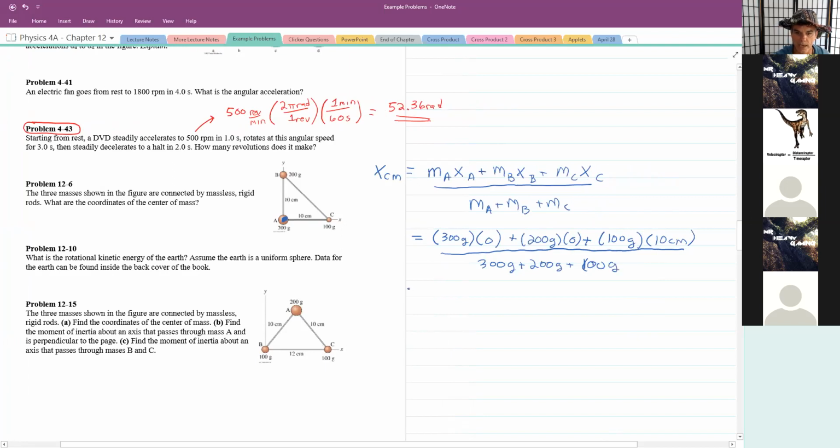If you calculate this, you're going to find that the X position of the center of mass is 1.7 centimeters from where I've defined my origin, which means the center of mass is going to be somewhere over here. Now, let me throw this out here. If instead I chose my origin to be right here, I would still get the center of mass in the exact same location.